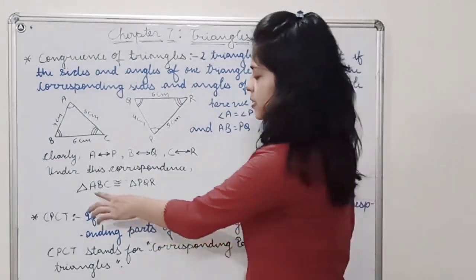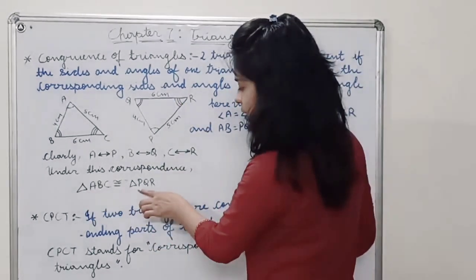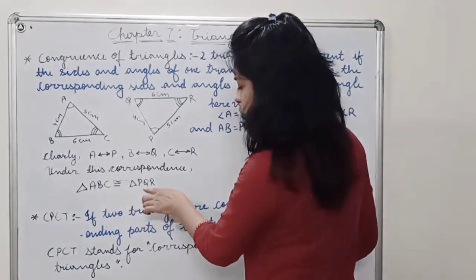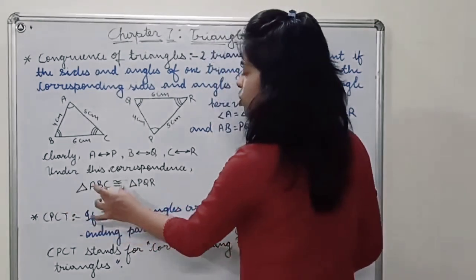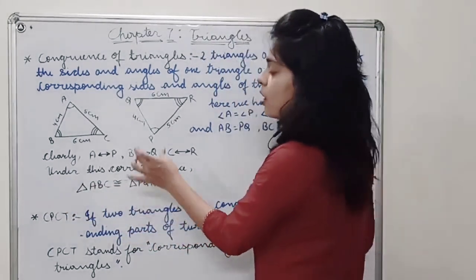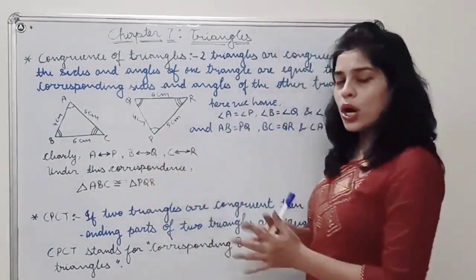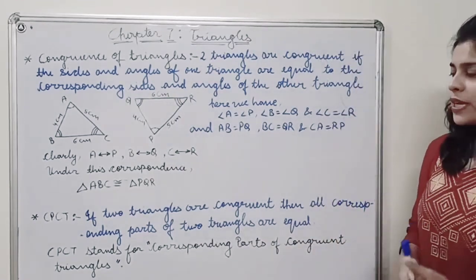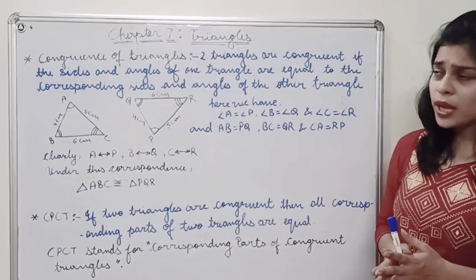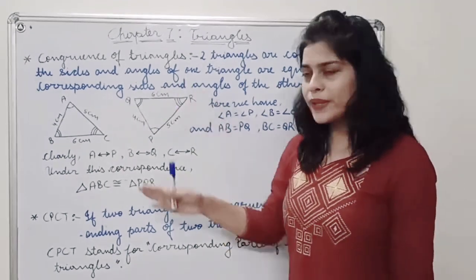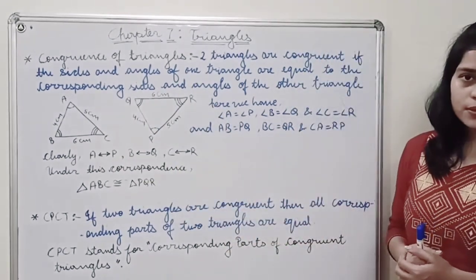Means, see, A is corresponding to P, B is corresponding to Q and C is corresponding to R. So triangle ABC is congruent to triangle PQR. Why are they congruent? Because all the corresponding sides and all the corresponding angles of these two triangles are equal. Okay, so this was the congruence of two triangles.